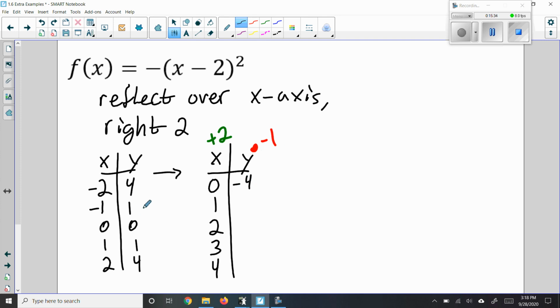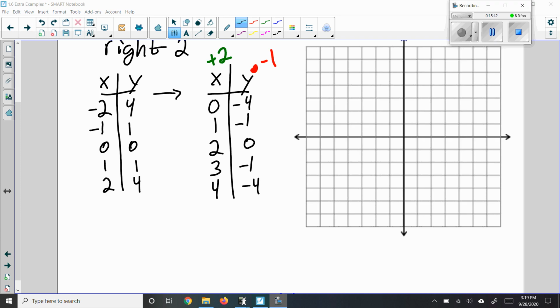Negative 1 times negative 1 is negative 1, etc. Now we'll simply plot the points. 0, negative 4. 1, negative 1. 2, 0. And the other points are going to be a mirror image of these points.